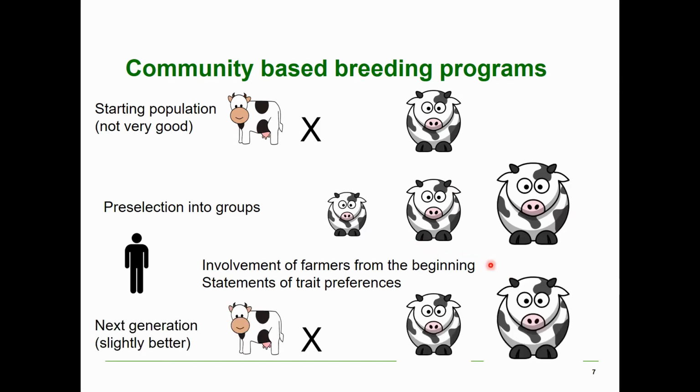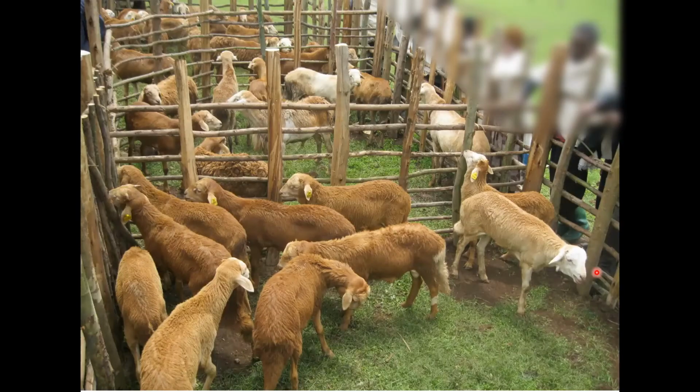But at the end, what happens is that the next generation gets slightly better. And if this process is consistently repeated, we achieve an increase of productivity even under very difficult conditions. This is a picture from such a selection event. This time it is a sheep breeding program in Ethiopia.